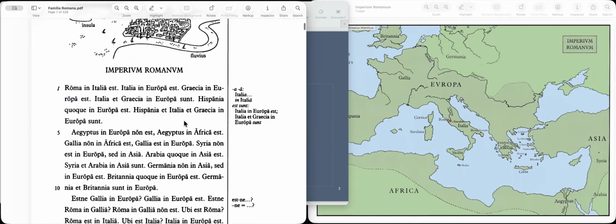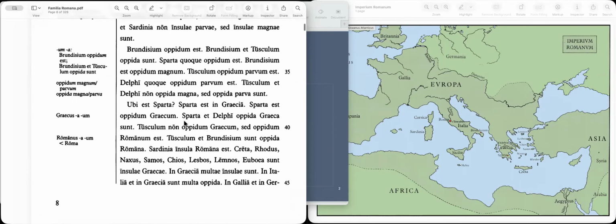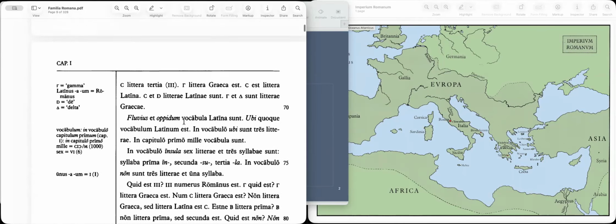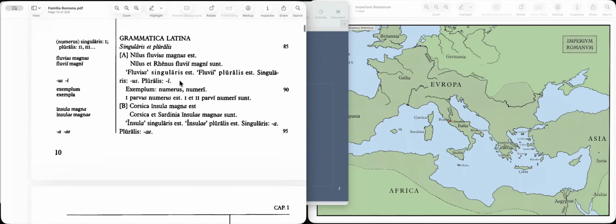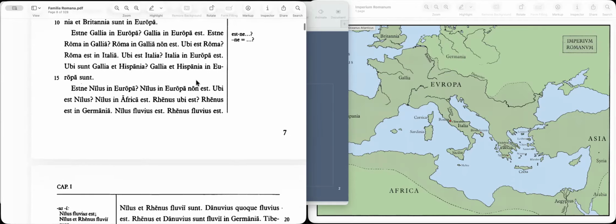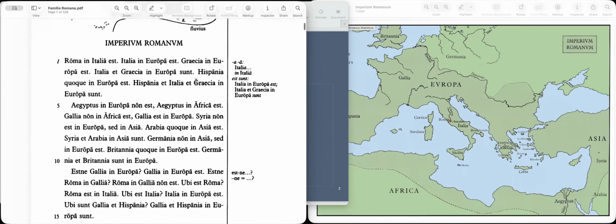Later on, when we discuss grammar down and dirty, so to speak, we're getting a little bit ahead of ourselves. You're going to find that the endings of the words change to indicate the grammatical function of the word.